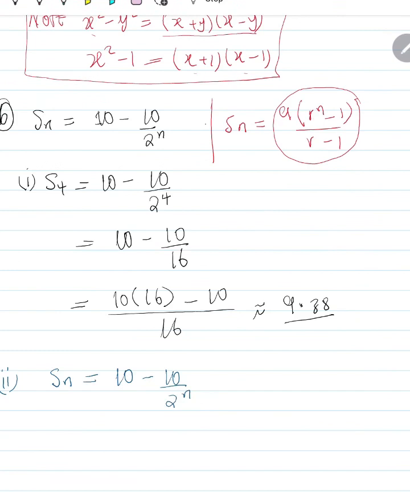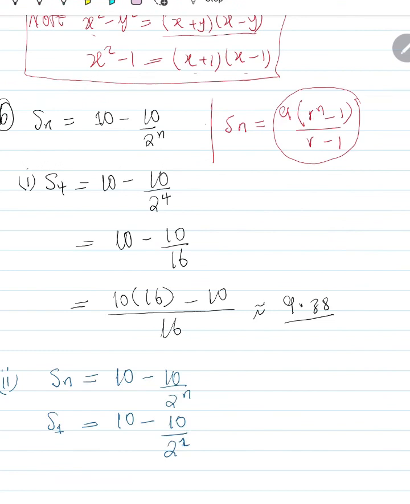Now for the first term, you have not added anything, right? So you don't need to worry about the ratio or anything. So S1 will be equal to 10 minus 10 divided by 2 to the power 1.